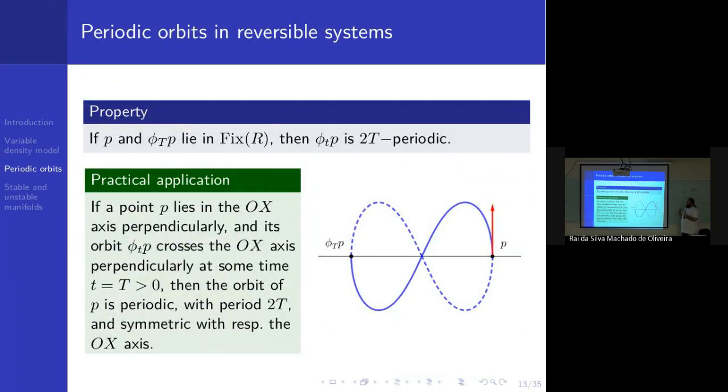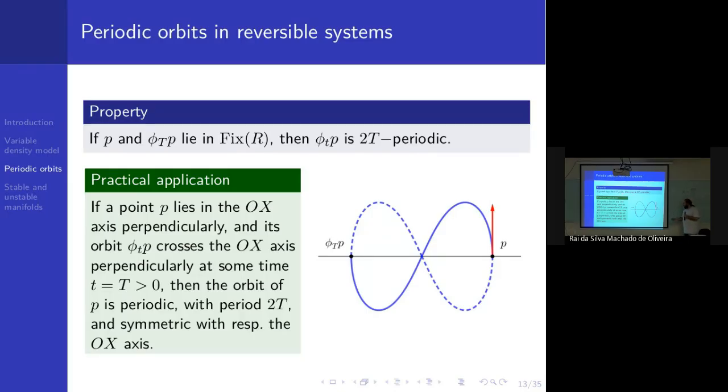Okay, but we said that we have a reversible system, and periodic orbits in reversible systems verify a very interesting property: if a point P is symmetric and the trajectory of P after some time is also symmetric, then the orbit passing through P is periodic.